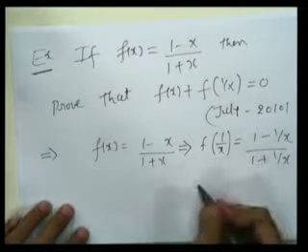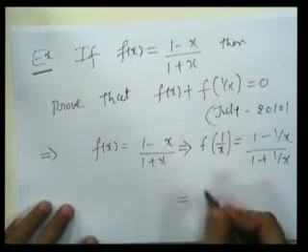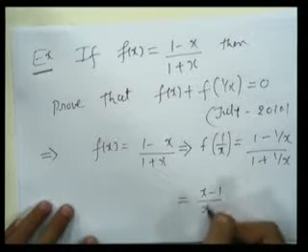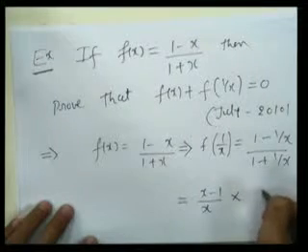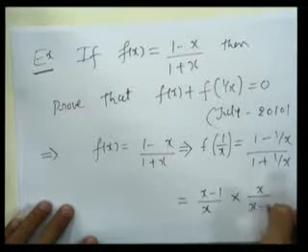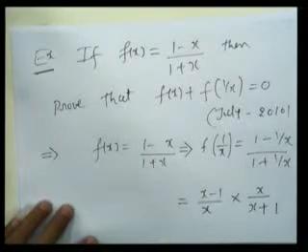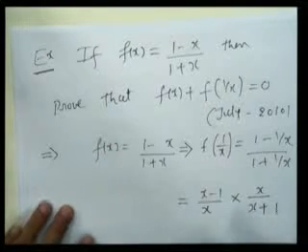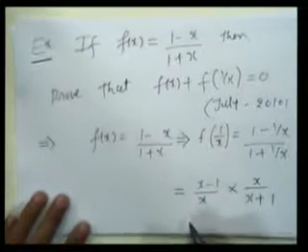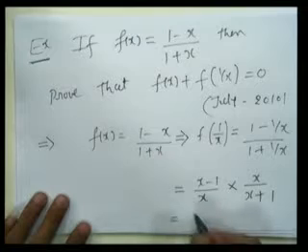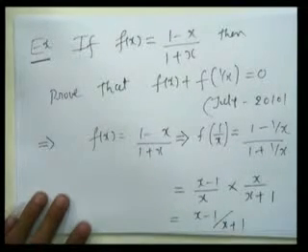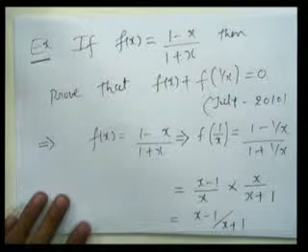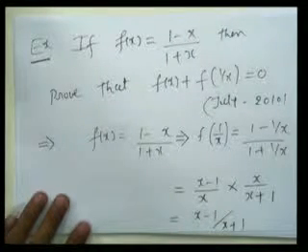So we will get x minus 1 upon x upon, that means in multiply, x upon x plus 1. X cancels, so we will get x minus 1 upon x plus 1, which is f of 1 upon x.